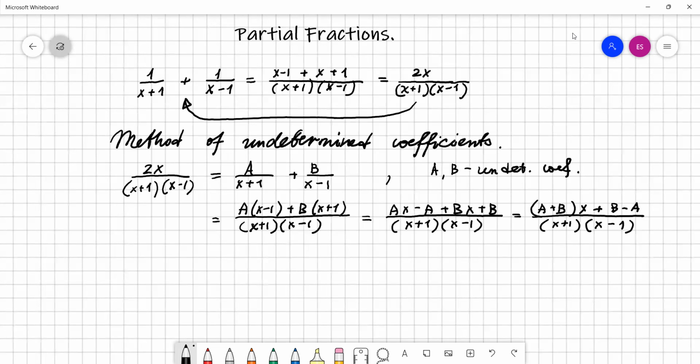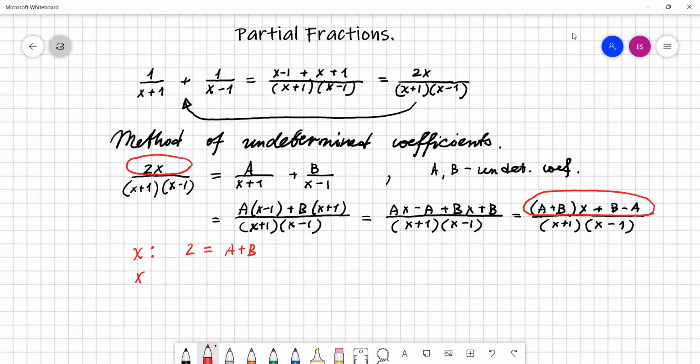Now, what I'm going to do, guys, is compare the numerator of my given fraction and the numerator of my fraction with undetermined coefficients. And I see that if I want them to be equal, the same actually, my coefficients are supposed to match. So for example, my coefficient of x here is equal to 2, and here it is a plus b.